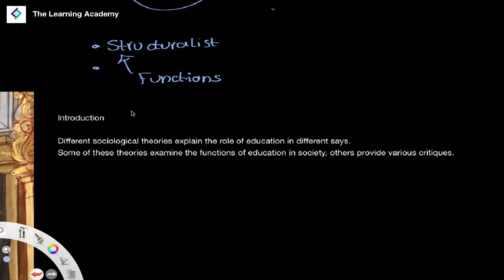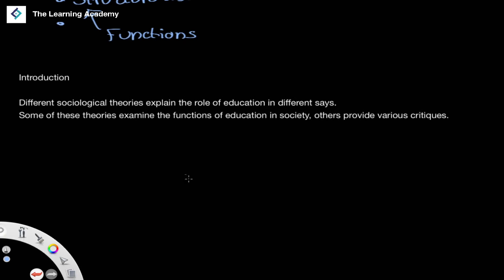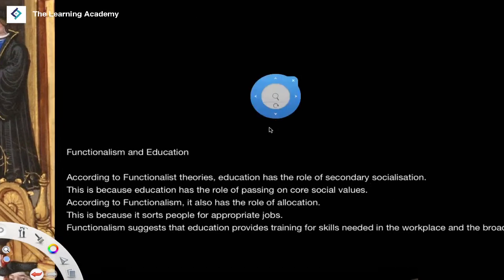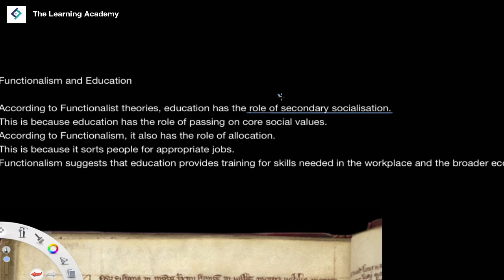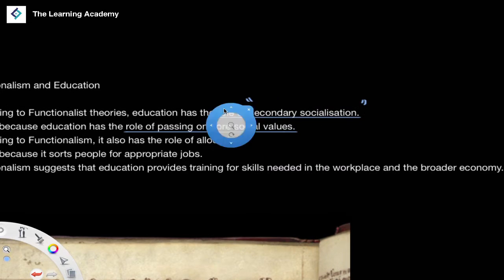And when we're talking about education, there are different ways in which we can examine it. If we look at the basic understanding, what most functionalists would argue about education is that education has a role of what we describe as secondary socialization. We talked about socialization in the first lesson, but what do we mean by secondary socialization? Well, this is because education has the role of passing on core societal values.